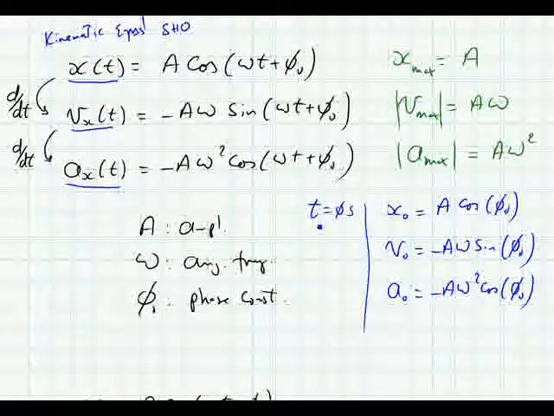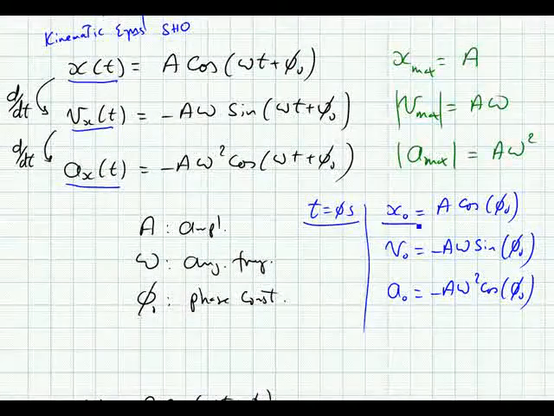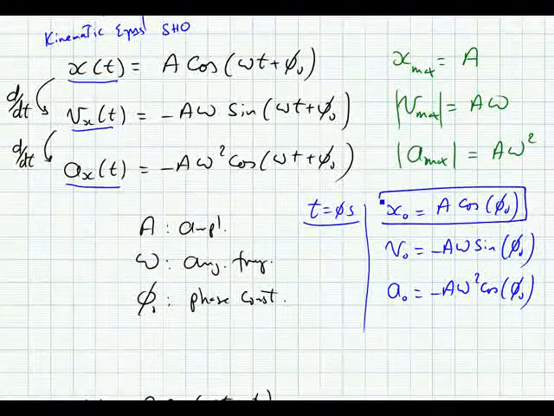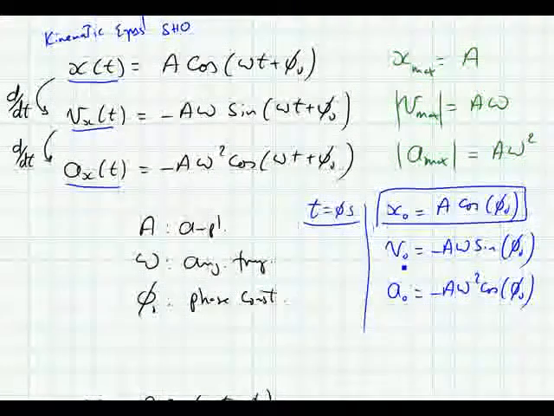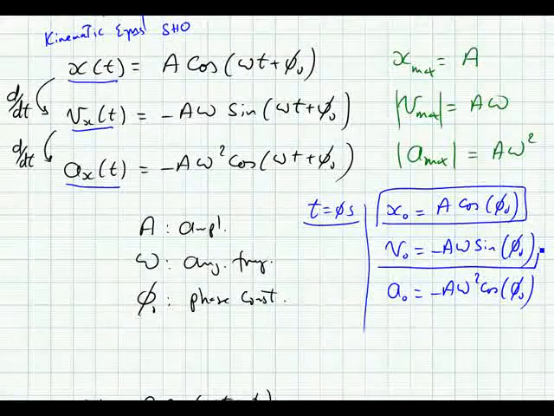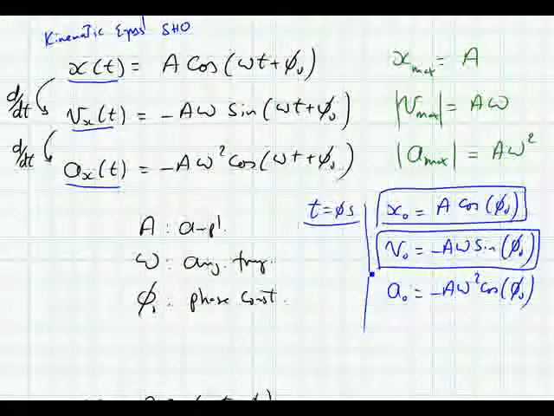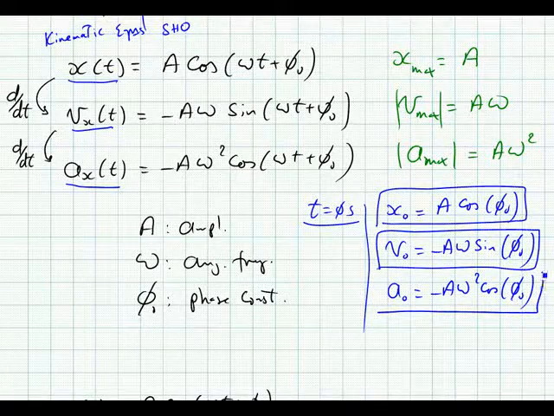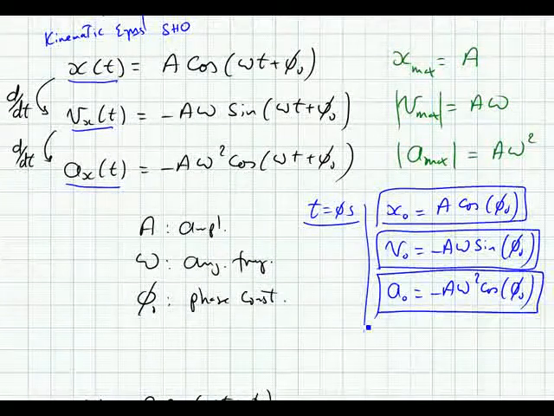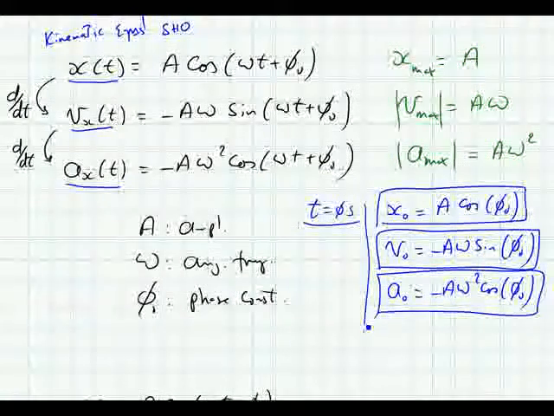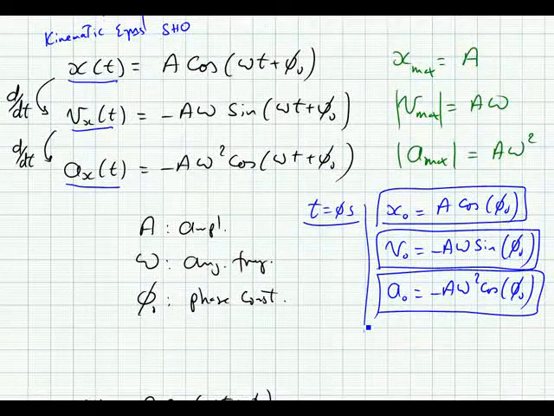And at t equals 0, we see that x naught is given by A cosine φ naught. v naught, which is the velocity of the mass at t equals 0, is minus A ω sine φ naught, and the acceleration of the mass at t equals 0 is minus A ω squared cosine φ naught.